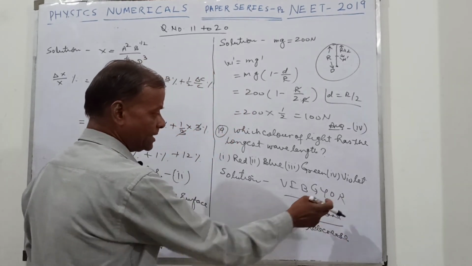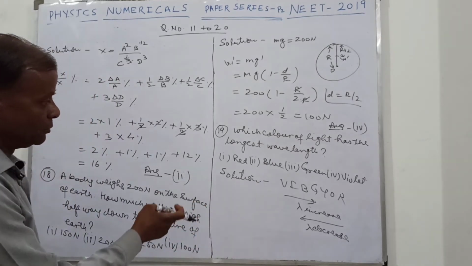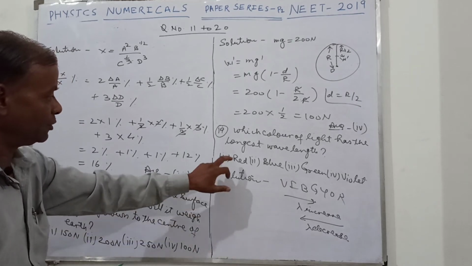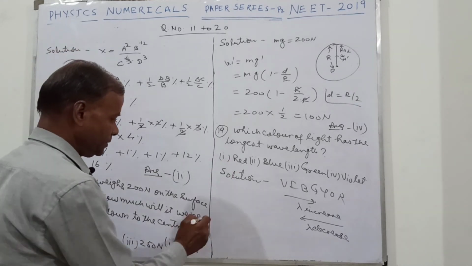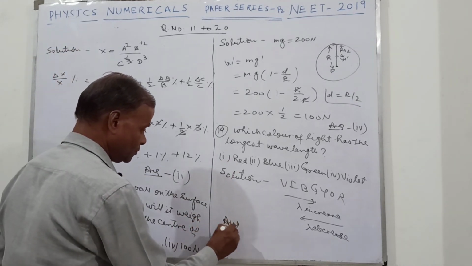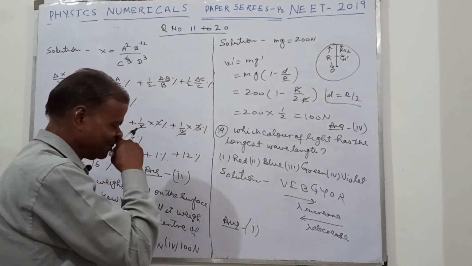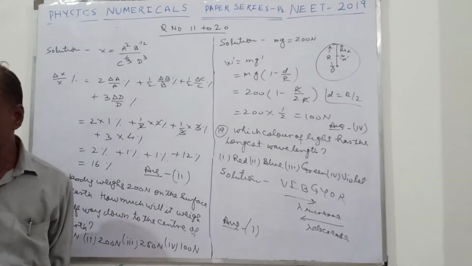It means that red has the longest wavelength and violet has the minimum wavelength. So the right option is first, red. It is the maximum wavelength.